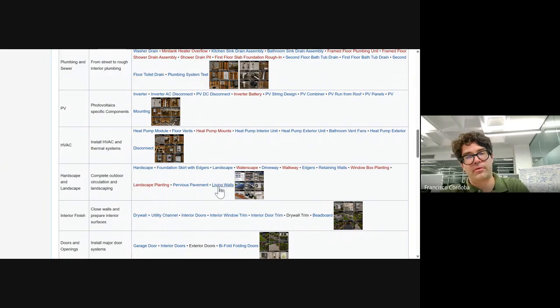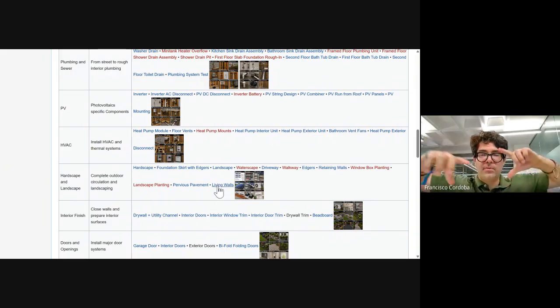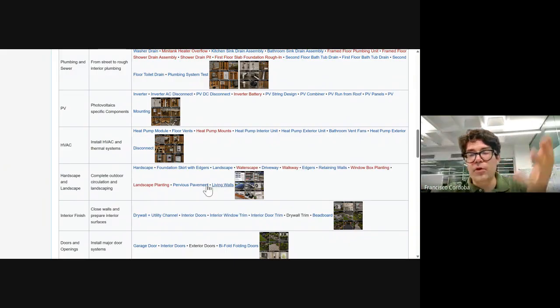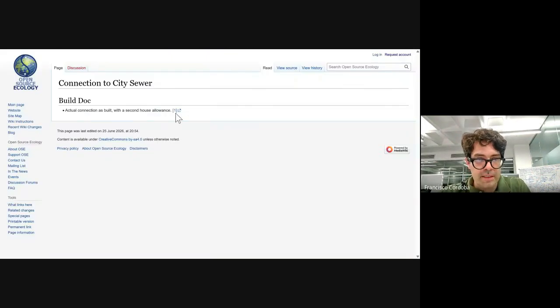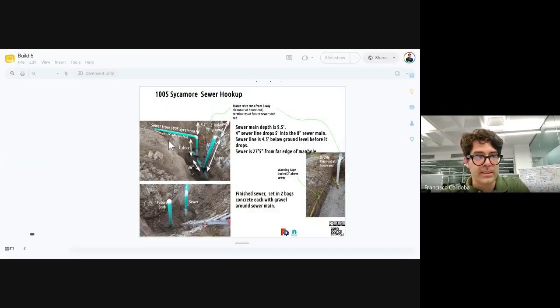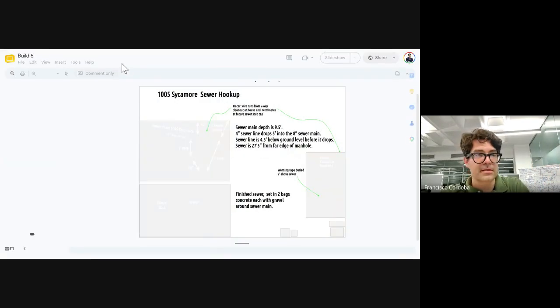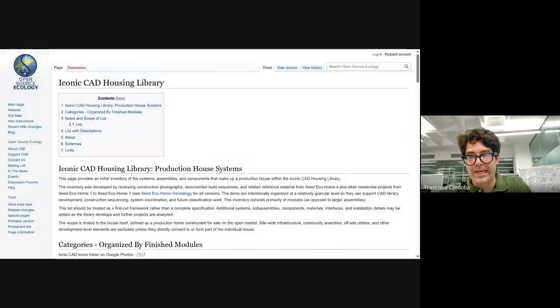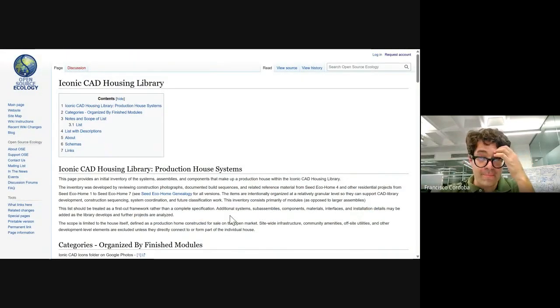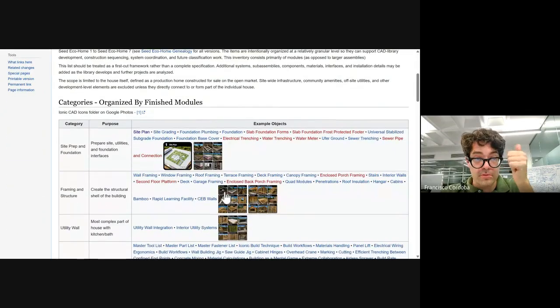So in that way, imagine instead of going to a wiki and clicking the connection to the sewer kit and then the button, and then this opens the document, the build number 5 with all these things. I'm literally thinking it's more like a software layer where you click, and then the site starts to guide you.